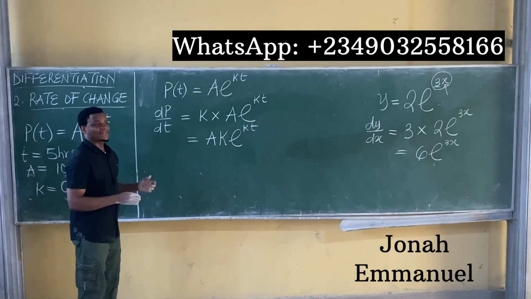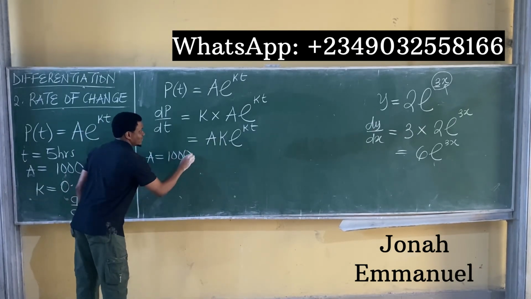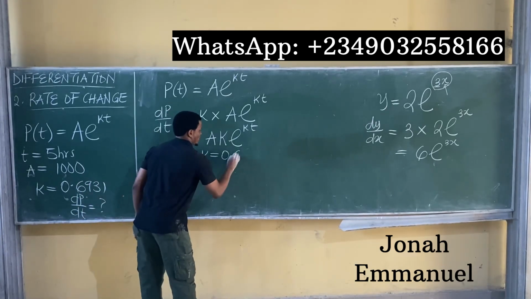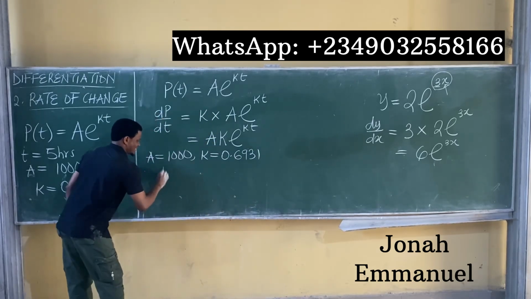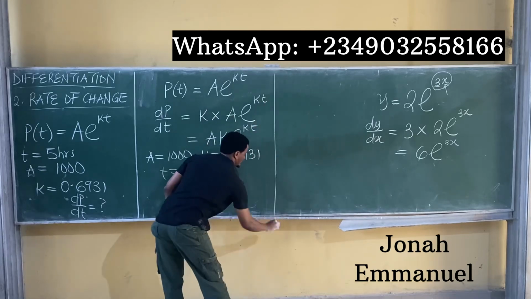At this point, let's fix in the values. We said A is equal to 1000, k is equal to 0.6931, and t is equal to 5. Fix that in. What do you have?